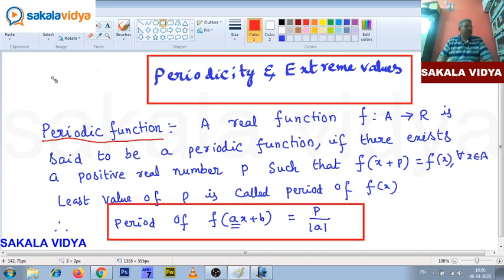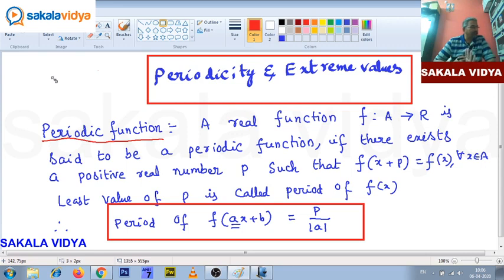This is the periodic function concept. A real function f maps A to R is periodic if there exists a positive real number p such that f of x plus p equals f of x for every x belongs to A; of all such p values, the least is the period of f of x. If the period of f of x is p, then the period of f of ax plus b is p by mod a. Always the period should be positive.